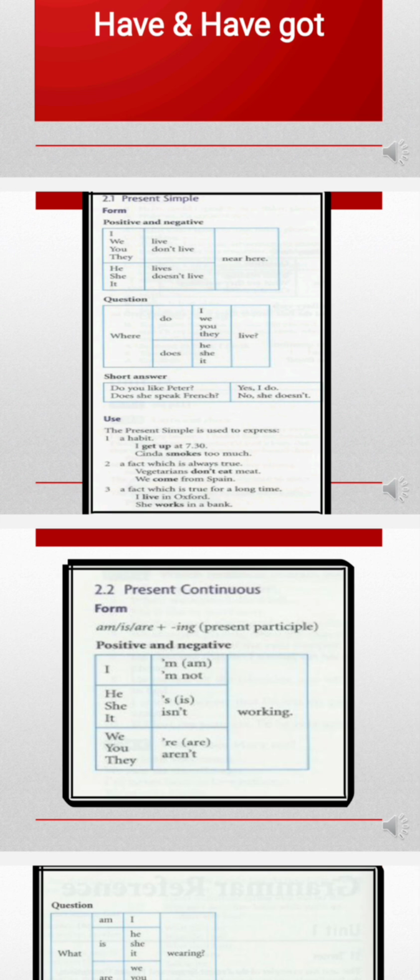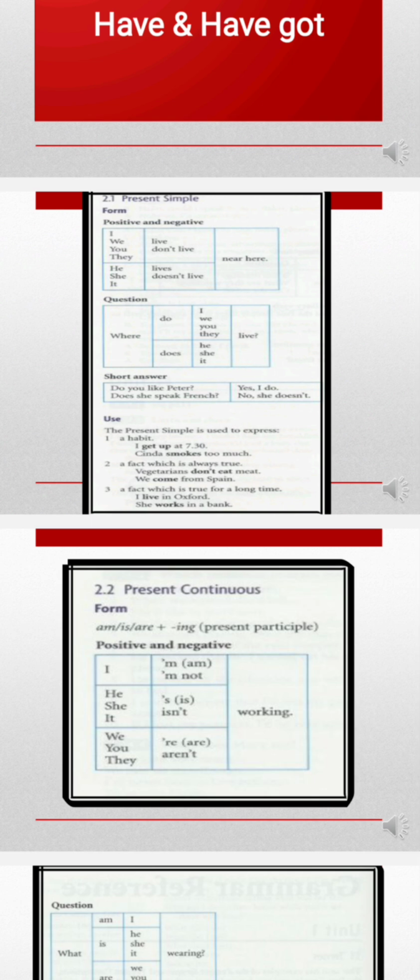Cinda smokes too much. Number 2, a fact which is always true. For example, vegetarians don't eat meat. We come from Spain.